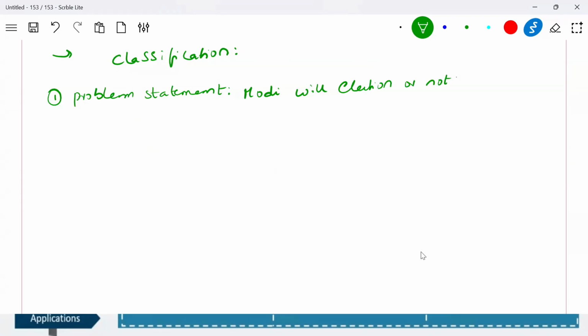Suppose we have only two possibilities over here: yes, no. When you convert it, yes means one, no means zero. So the possible output is zero or one.